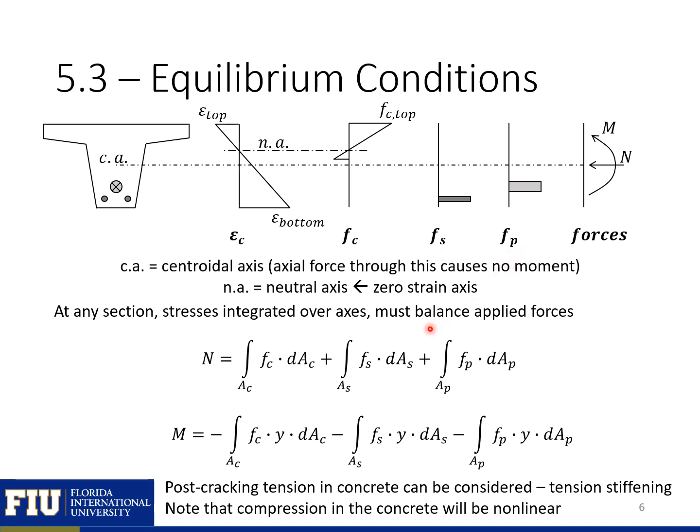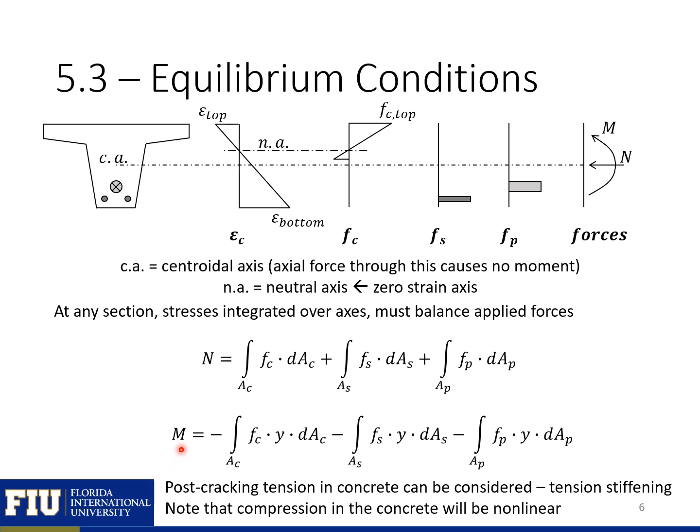So for our equilibrium conditions, we need our external applied load N equal to the internal force components. So our concrete stress integrated over the area, our steel stress integrated over the steel area, and our prestressing stress integrated over the area of our prestressing. So internal forces equal external applied loads.